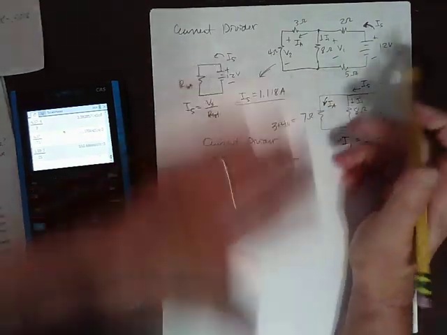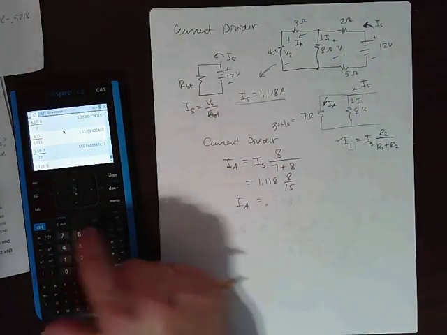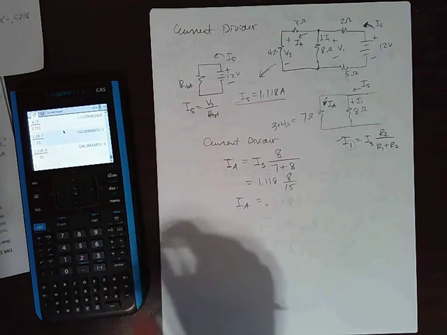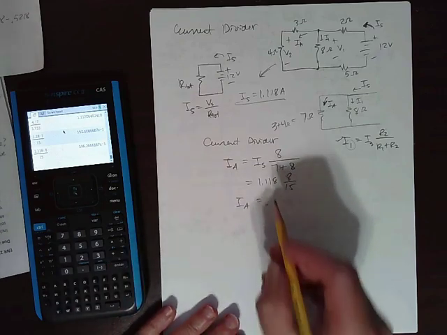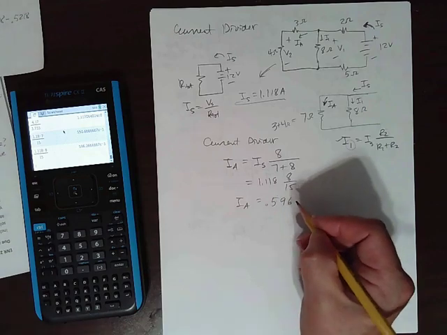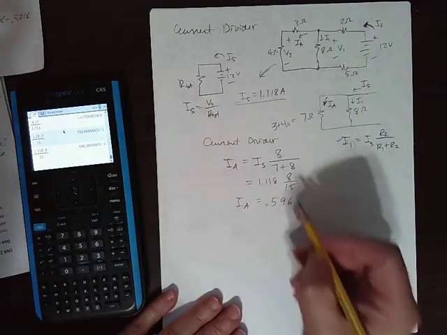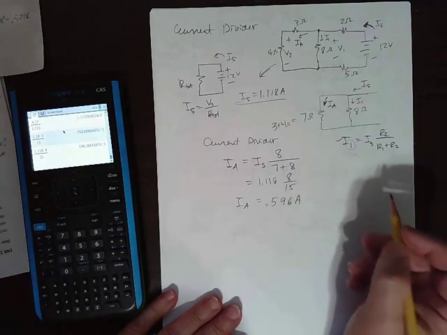Try that again. 1.118 times 8 divided by 15. That looks a little more like it. 0.596, which is what we had for IA before, so that's a good sign.